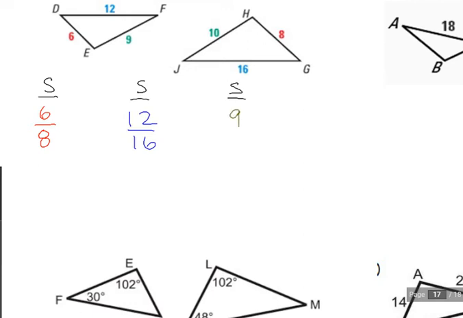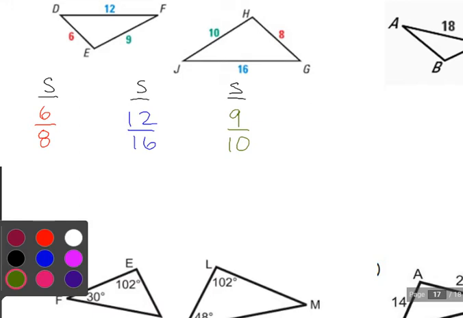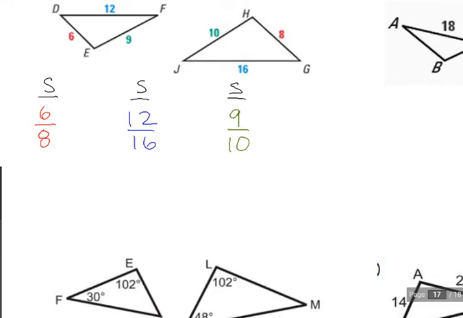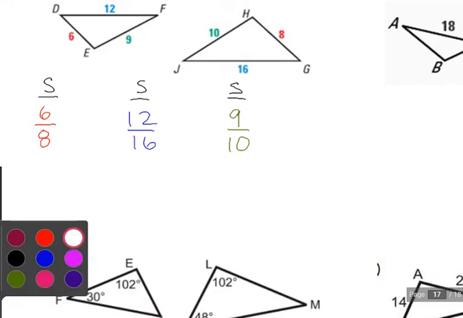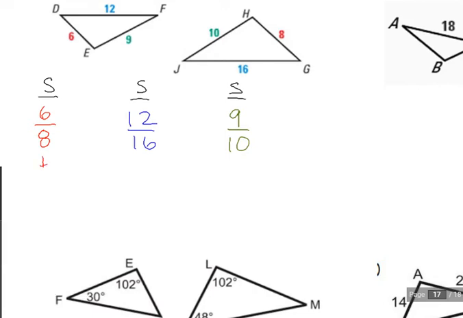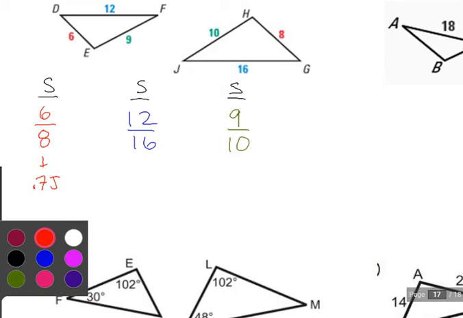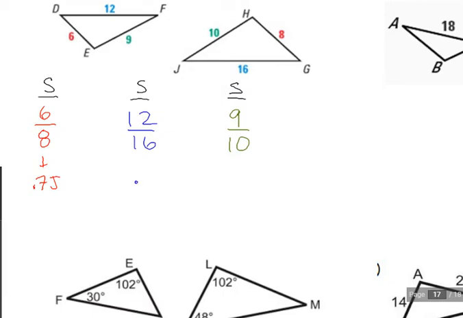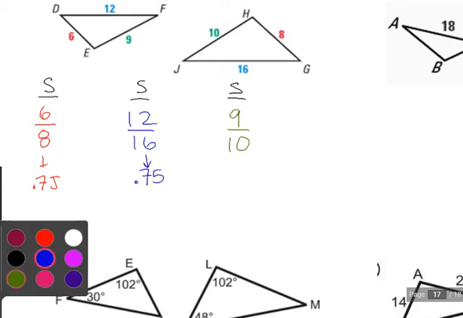So 6 divided by 8 gives us 0.75. 12 divided by 16 gives us 0.75. This is looking good. The two ratios are the same. Okay, and then 9 over 10 is 0.9.